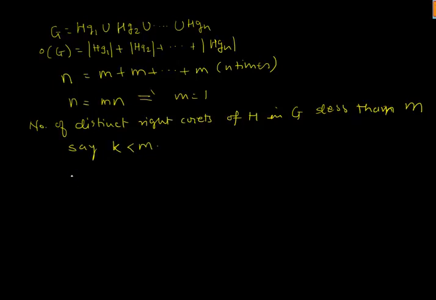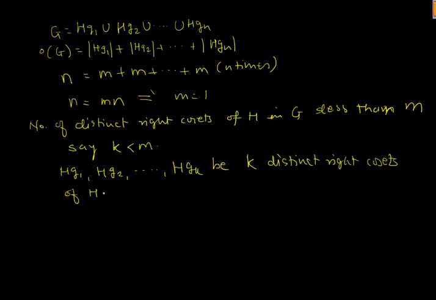And therefore, let Hg1, Hg2, and Hgk be k distinct right cosets of H in G.